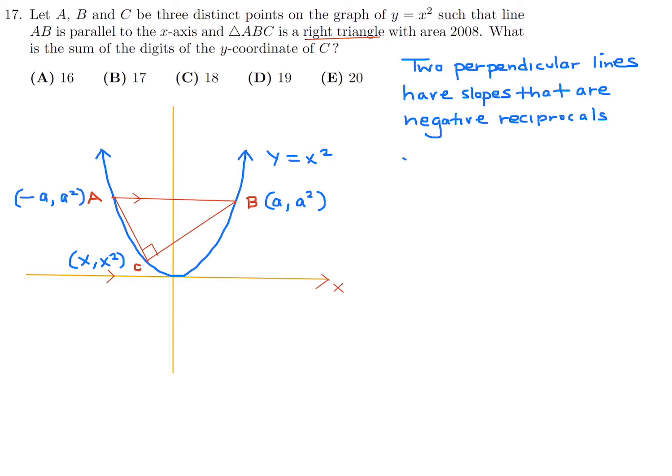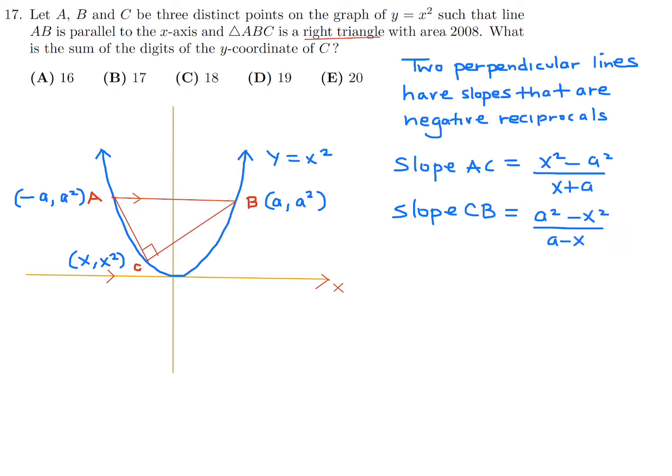So let's figure out the slope. The slope of AC is going to be x squared minus a squared all over x plus a, right? Everybody knows how to calculate the slope of a line, so I'm not going to walk you through that. Slope of CB is a squared minus x squared all over a minus x.